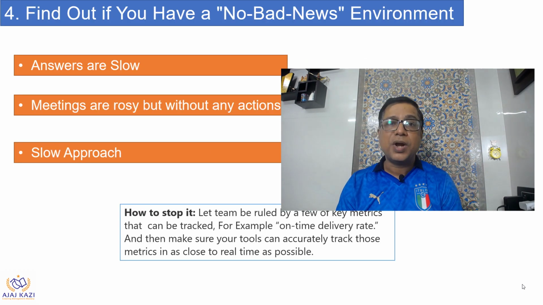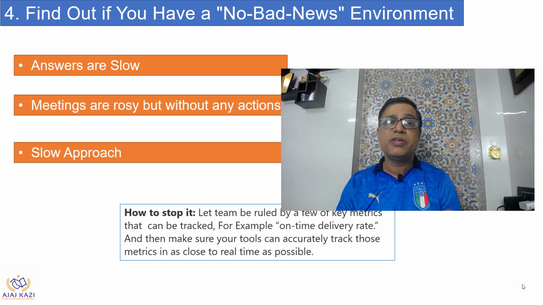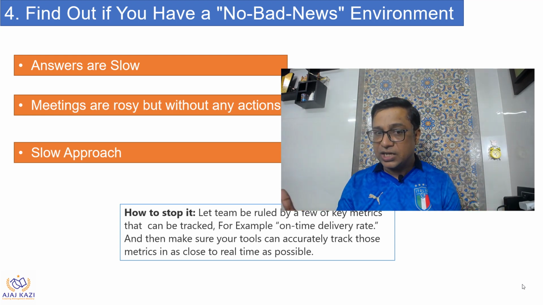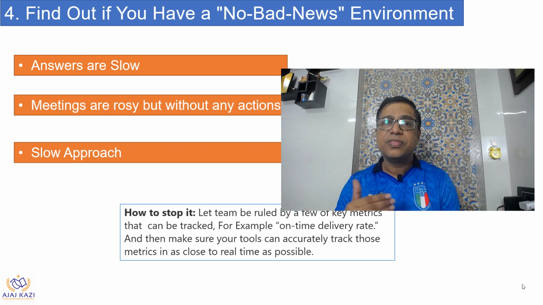Fourth is find out if you have a no bad news environment. And this you can find out when the answers are very slow, meetings are rosy but without any actions, and there is a slow approach overall. And this is where you can find a no bad news environment. How do we stop it?